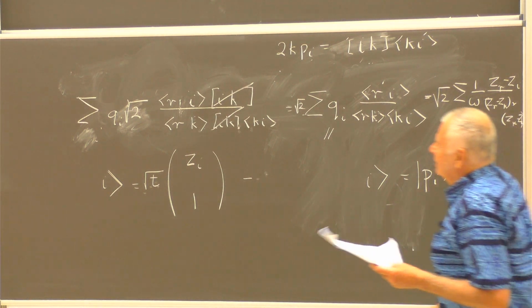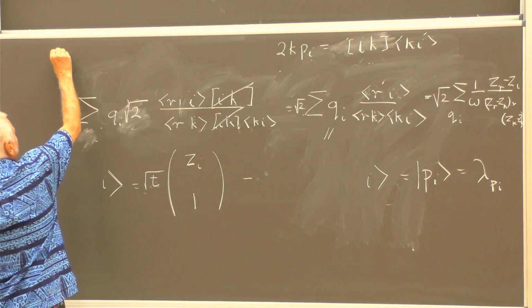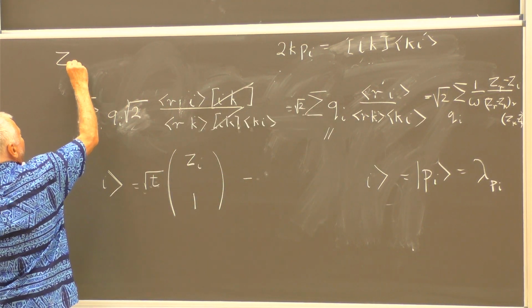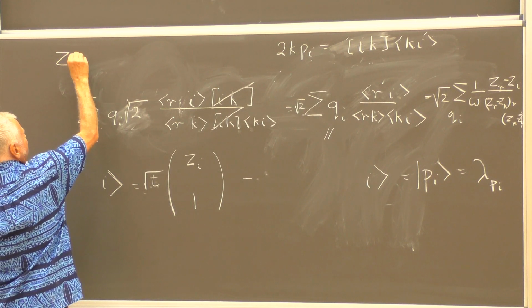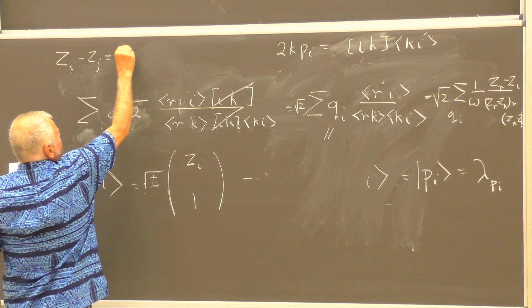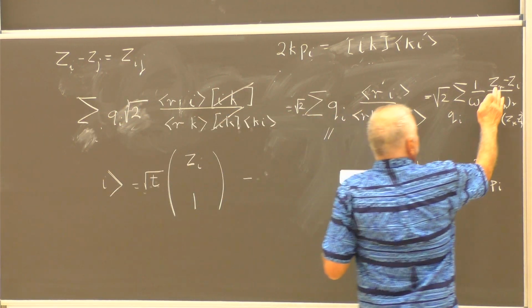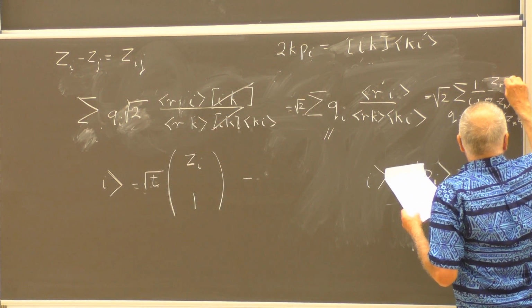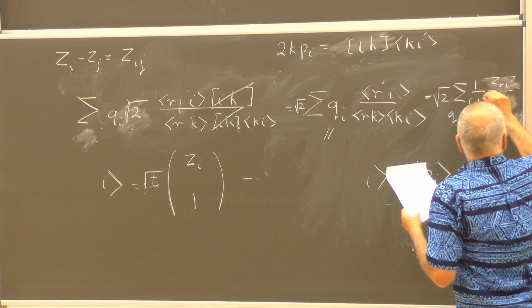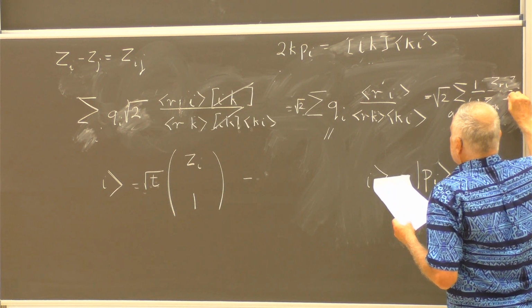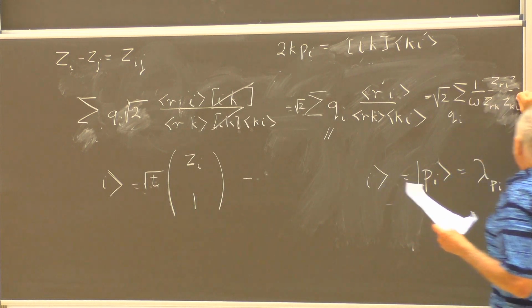By the way, when you have a difference of i and j, this will always be called zij. So this is zri divided by zrk, zki.